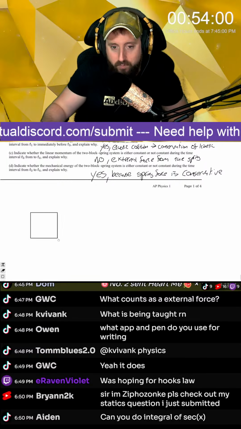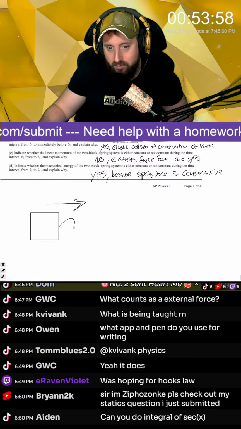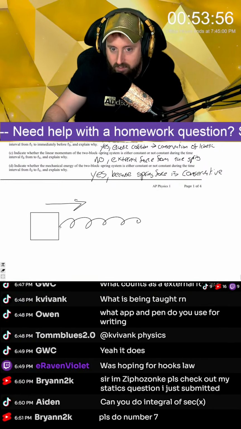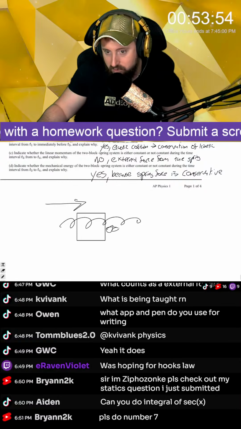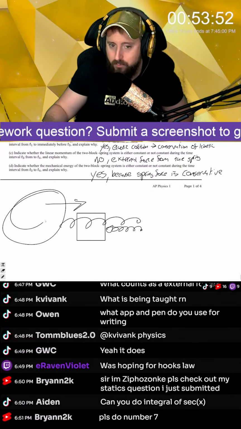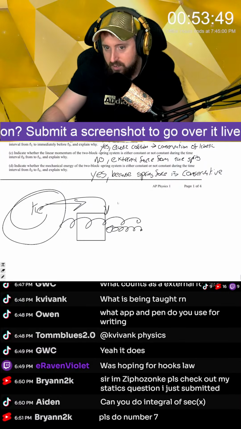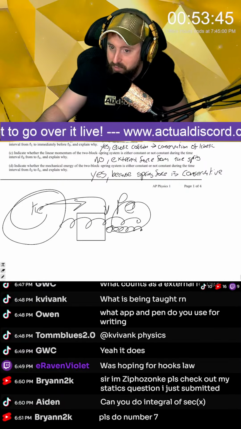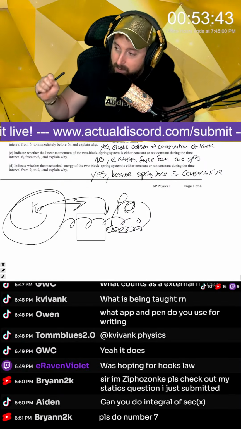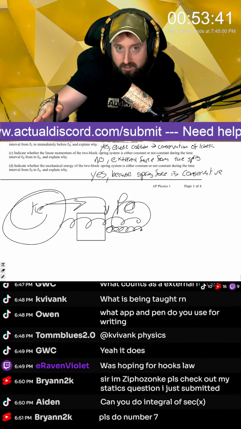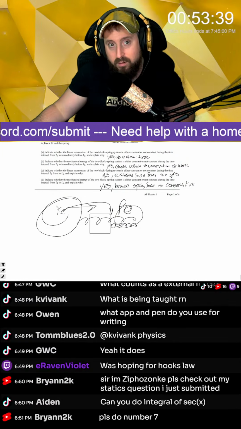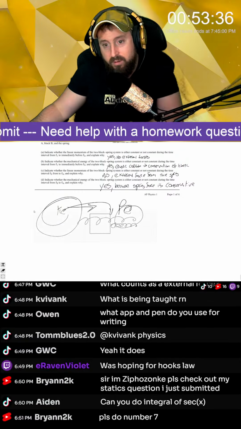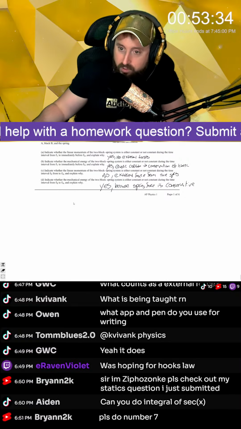For instance, if you're moving really fast and there's a spring that isn't compressed, as you move into it the spring starts to compress, transferring kinetic energy into potential energy. But I can just as easily convert that potential energy back into kinetic energy by letting the spring bounce back. That's what a conservative force is.